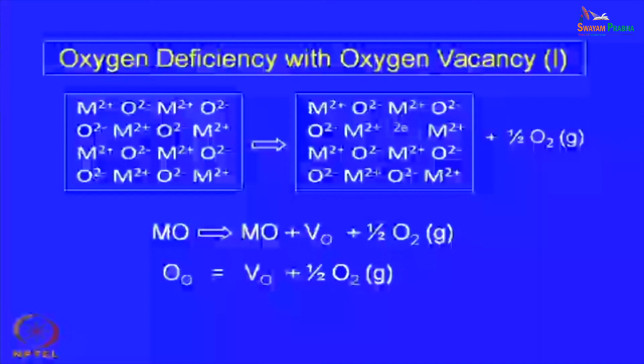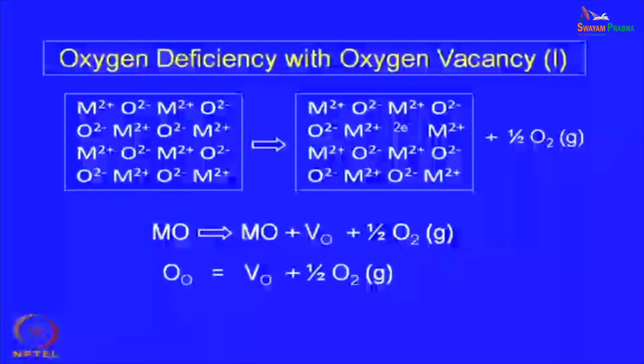These are the four possibilities, and all these possibilities can be created by two alternatives. Oxygen deficiency can be created either by oxygen vacancy or by metal interstitial. Both of them are equivalent so far as the ratio is concerned.